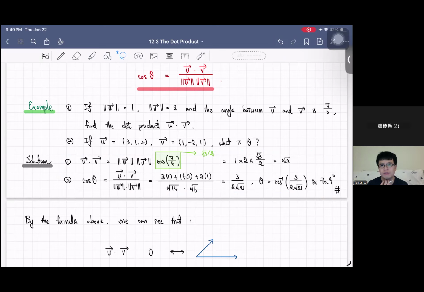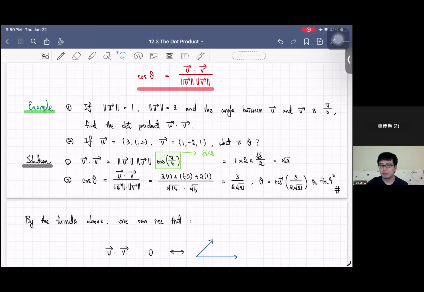I'm still considering if I want to make a video about how to convert your output from an inverse trig function. For example, the output for the sine value will be within minus 90 to 90, but in general, we want something between 0 to 180, so you can convert that by maybe adding 180.